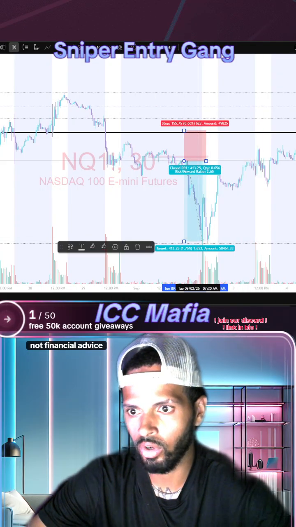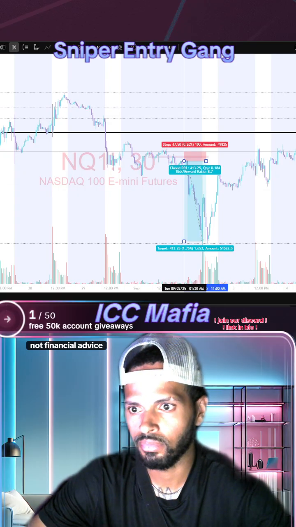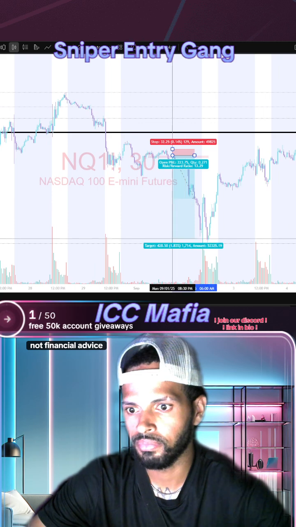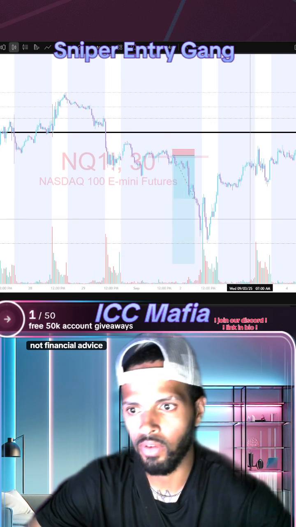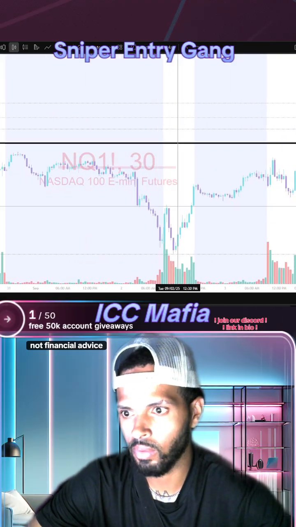Caught this trade all the way down. In fact, I caught it right there. That's it. I'm gonna zoom in a little bit so you can see what I'm talking about.